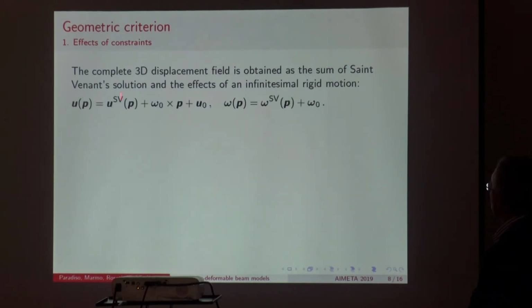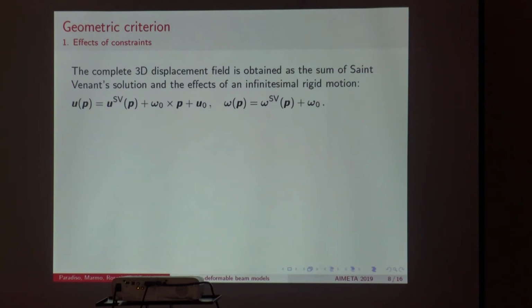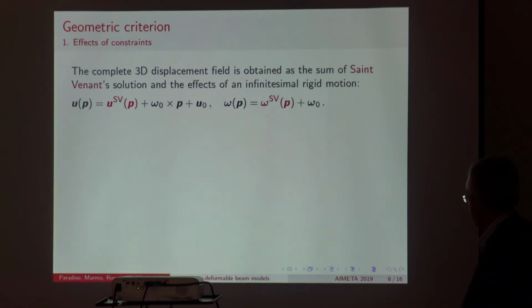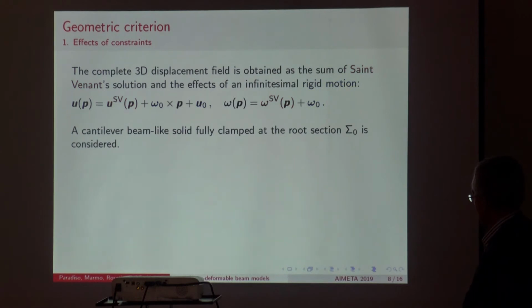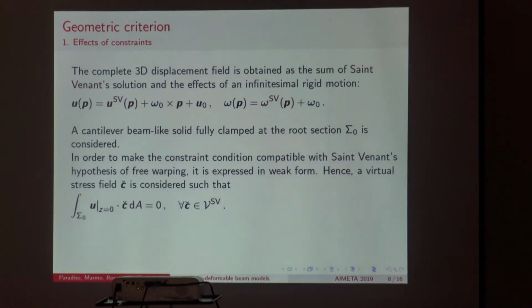This is the vector that gathers the displacement associated with the Saint-Venant solution. This is the rigid mode due to the fact that we have no constraints. And the condition of equivalence between the 3D model and the 1D model is established in a weak form.